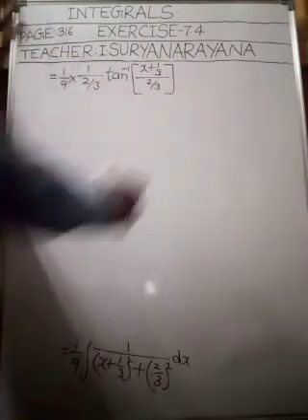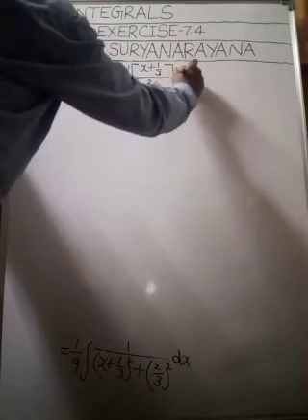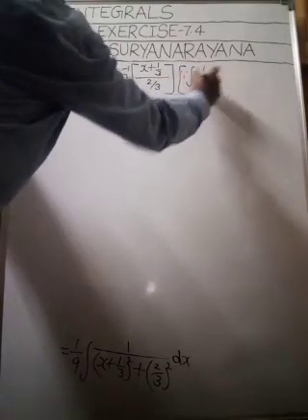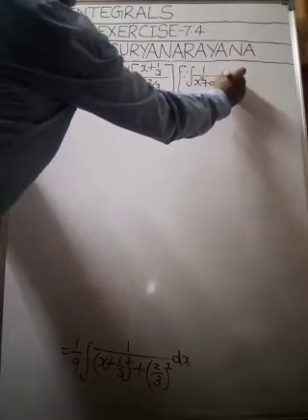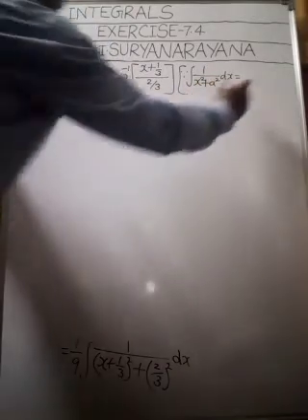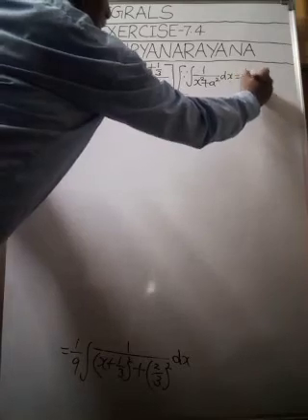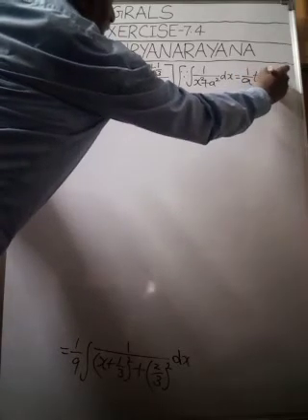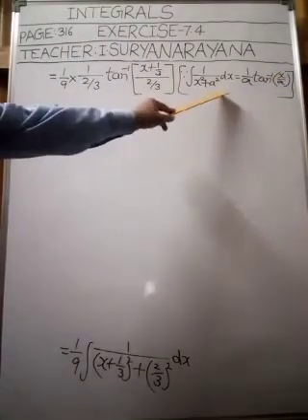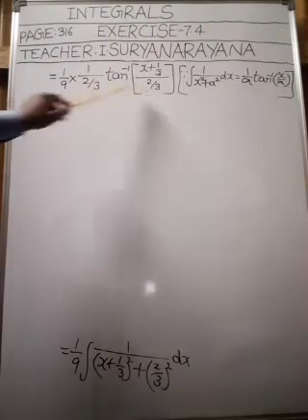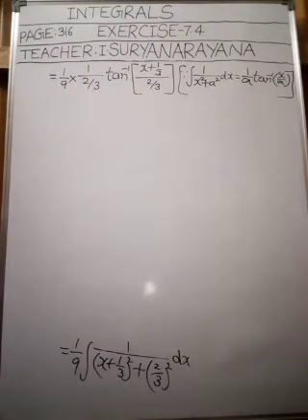Understood, my children? Right. Because integral 1 by x square plus a square dx is equal to 1 by a tan inverse of x by a. By using this integral, we wrote this part. Understood, my dear children? Right.